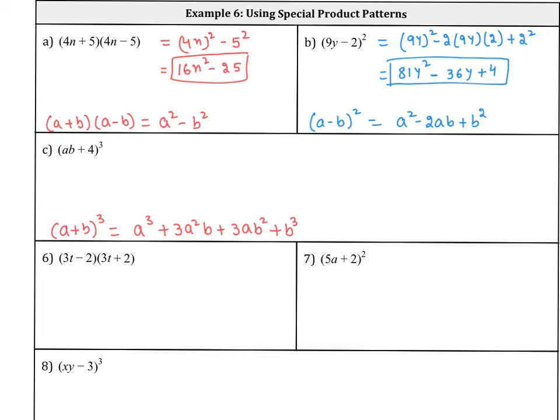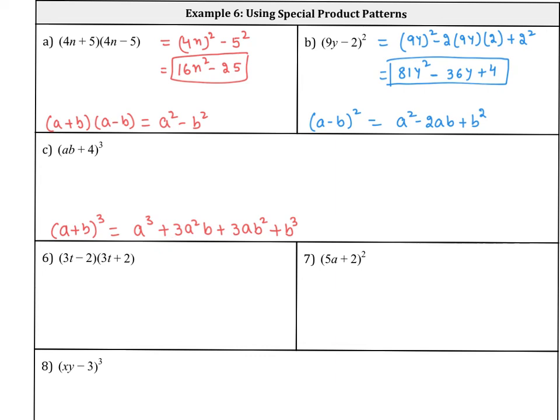For letter C, I'm going to apply the formula a plus b cubed. So that's going to be a cubed plus 3a square b plus 3ab squared plus b cubed. So a is going to be this term, that is ab. This whole thing we are going to treat as a. This number, that is 4, we are going to treat as b and then plug it into this formula.